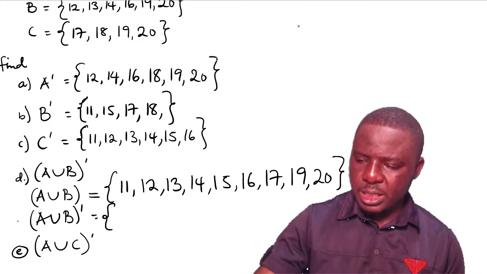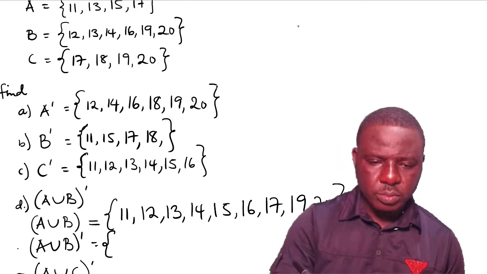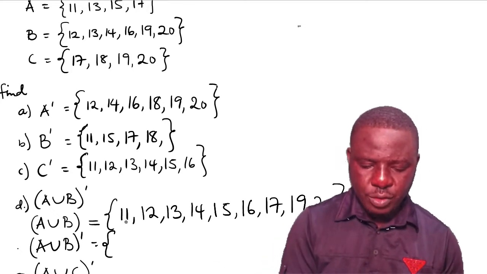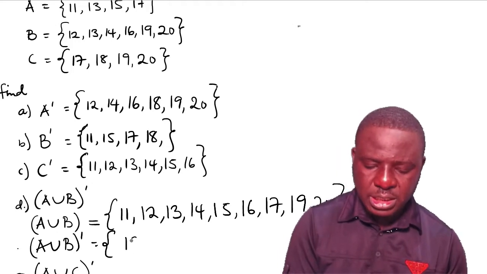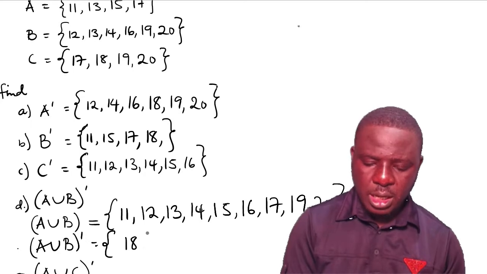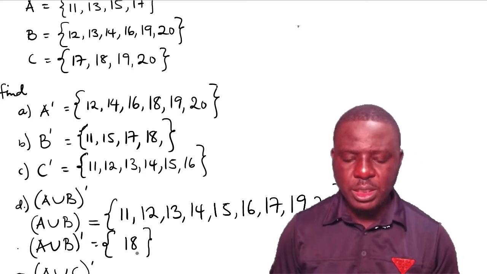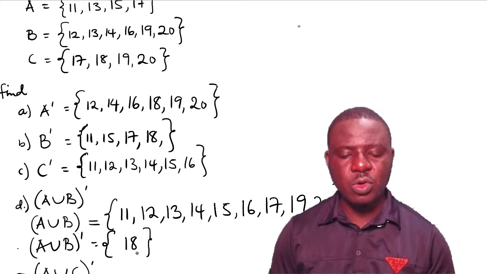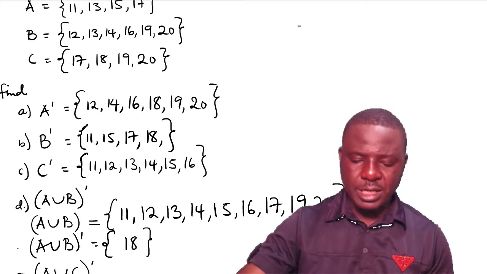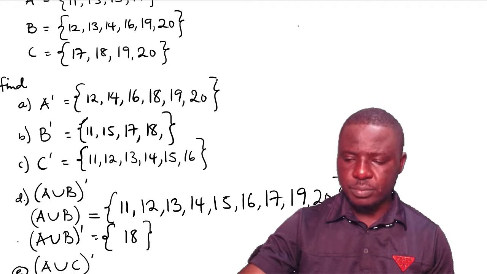So 11 is in the set, 12, 13, 14, 15, 16, 17, 18 is not here, and 18 happens to be the (A union B) complement. That is the only element we have.